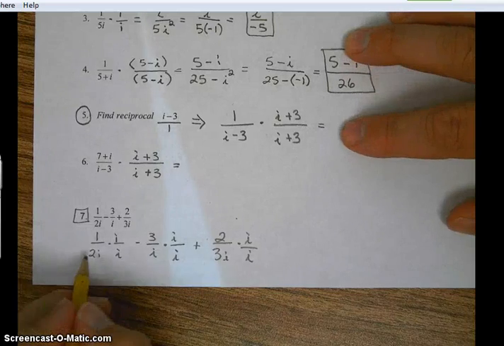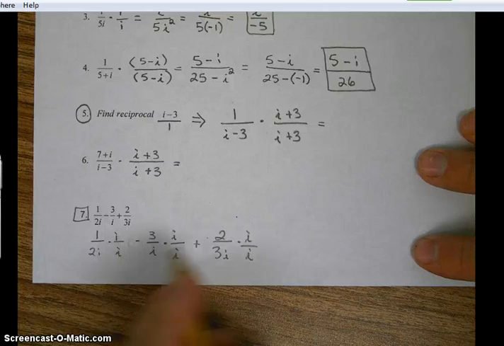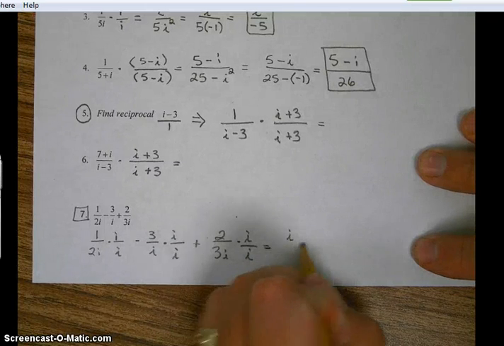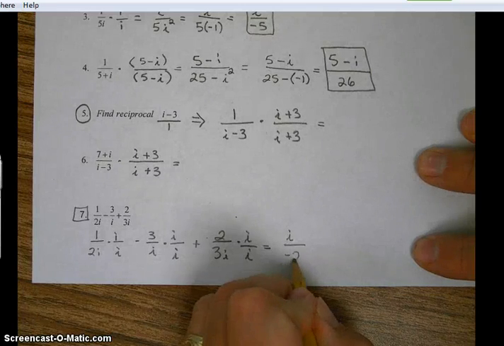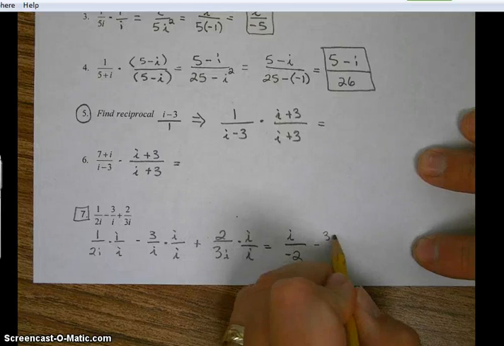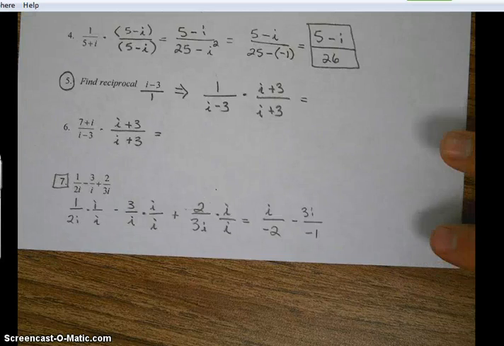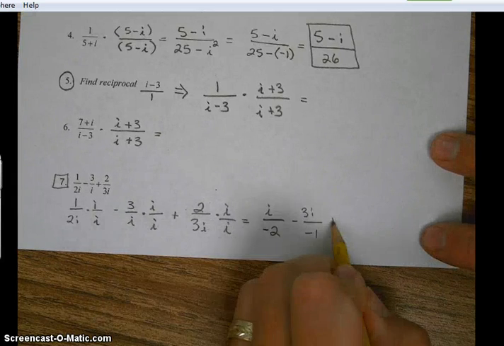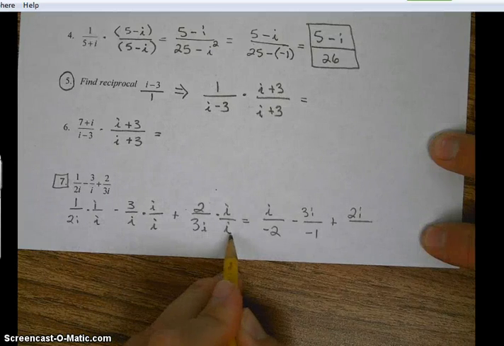Okay, so let's go ahead and simplify this. So 1 times i is i, 2 times i squared is negative 2, minus 3 times i is 3i, i times i, negative 1, plus 2 times i, 3i times i is negative 3.